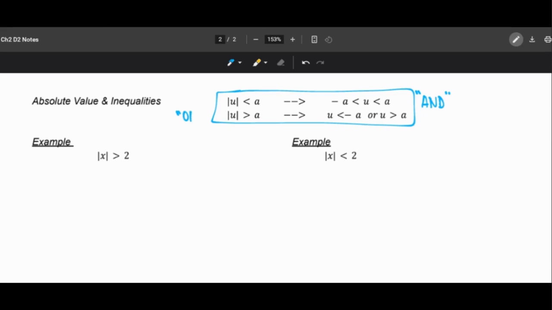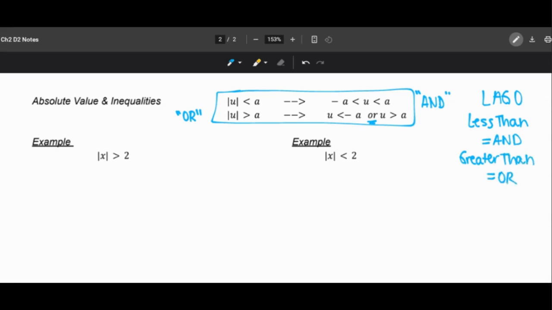We'll call that the or situation. So either u is less than negative a or u is greater than a. A nice way to remember that is LAGO. So less than is and, and greater than is or.